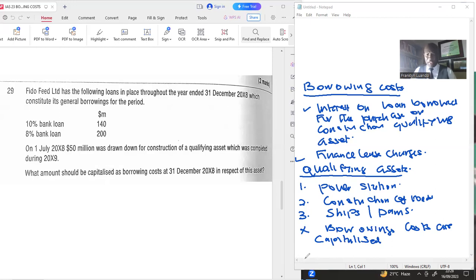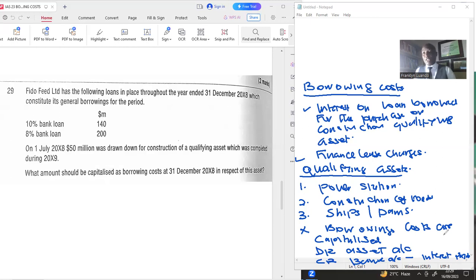The journal entries here, or rather the double entry which we need, is a debit to the asset, and credit, if the interest has been paid, the cash book or bank, or if it's not yet paid, credit interest payable. That will be the double entry.